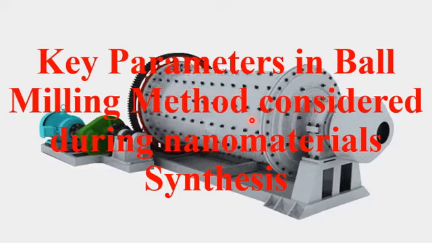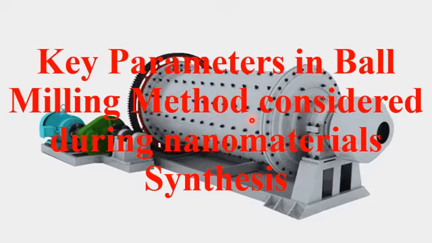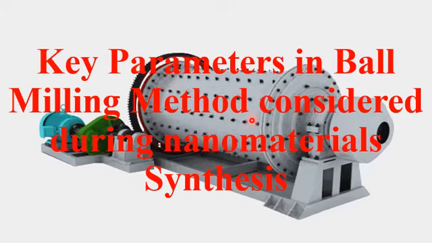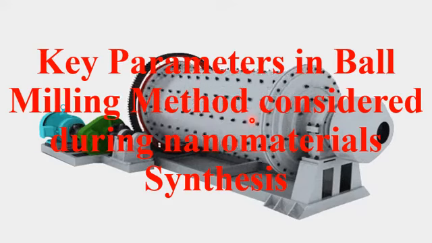The third physical parameter usually considered in the ball milling process is known as rotational speed. Rotational speed in the ball milling process is in RPM, revolutions per minute. So it is also very important.